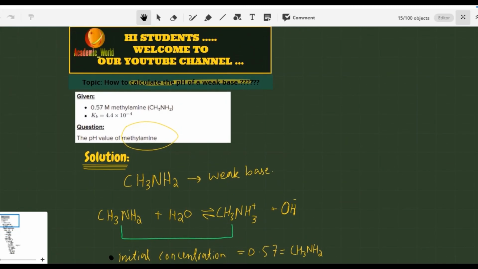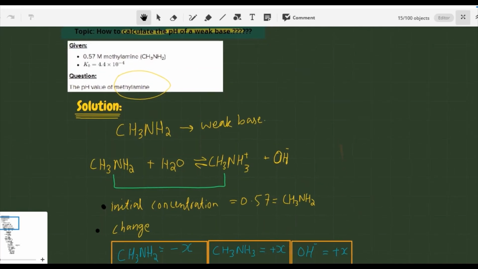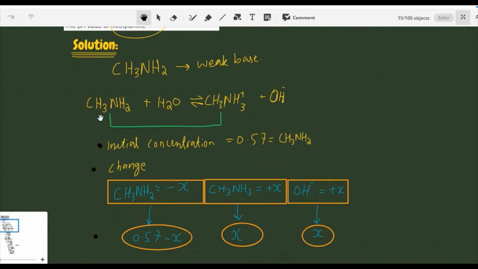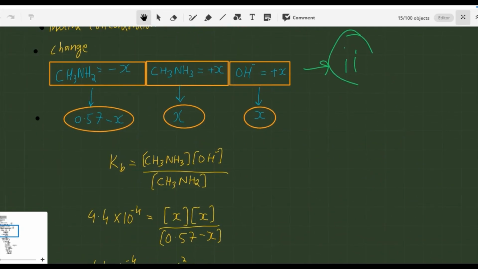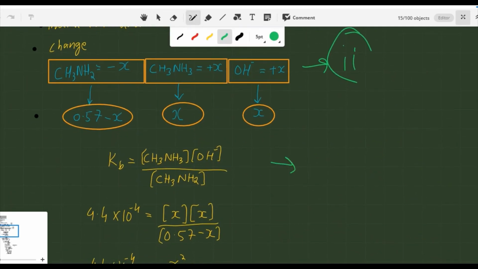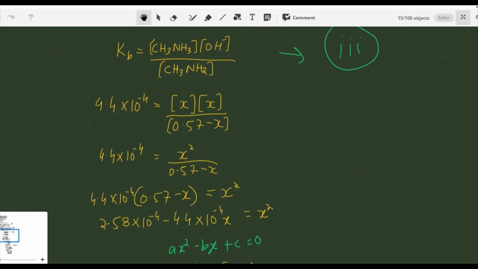So here you can see again the information given, and you need to find the pH of methylamine. First you need to write the equation, that is your first step. Then you have to find the change, that is your second step. The third step is putting the values in Kb. The fourth step is writing the equation in quadratic form.